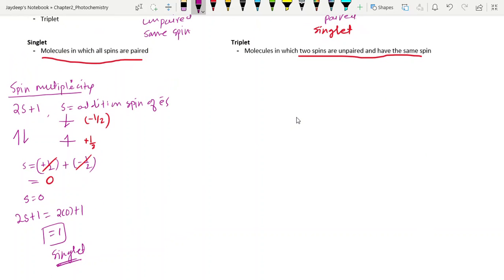Similarly, in the case of the triplet state, both electrons are like that. Now in this case, this is upward direction, so it has plus 1/2. This is also upward direction, it has plus 1/2. So s is equal to plus 1/2 plus 1/2, that is 1.